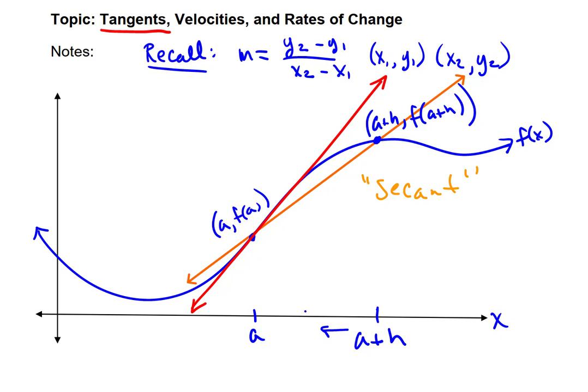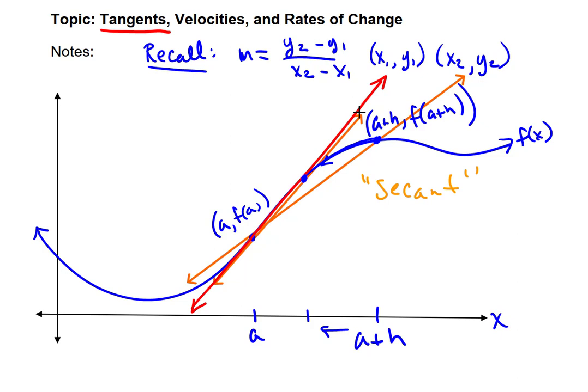So if I were to slide my second place down and mark it closer to where a was, then, of course, directly above that, I would have the point a plus h, comma, f of a plus h, and that point that I had originally plotted there would kind of slide down the curve as the x-coordinate of it slides to the left. The secant line that I would draw in that second condition would be a lot closer to the original estimate I had for the tangent line in red.